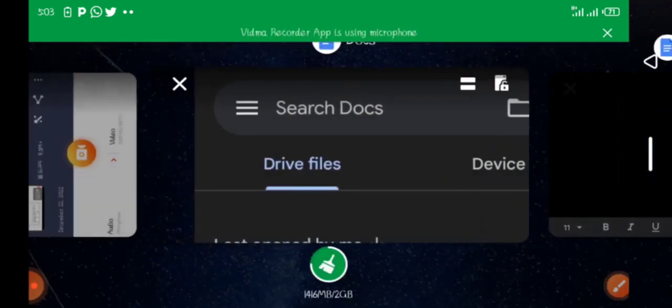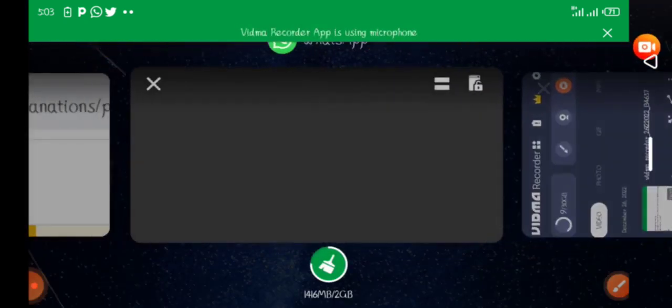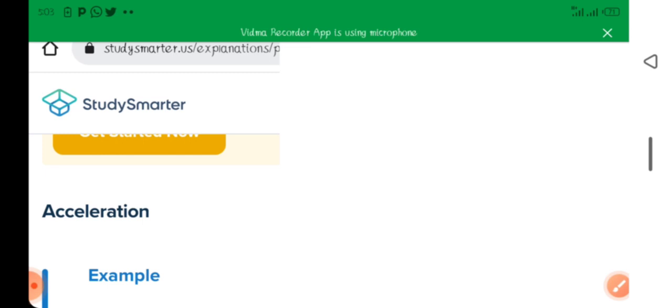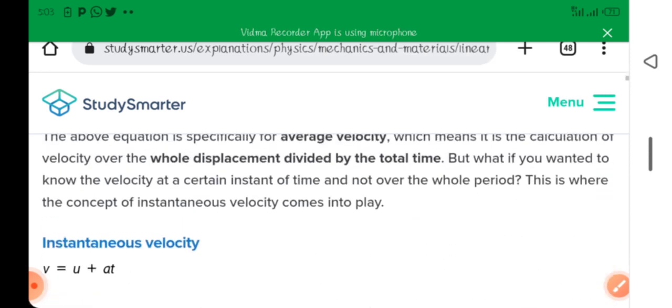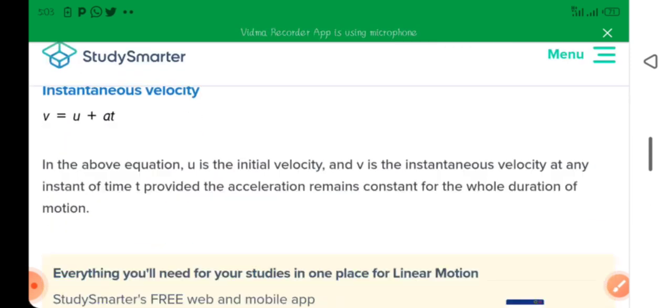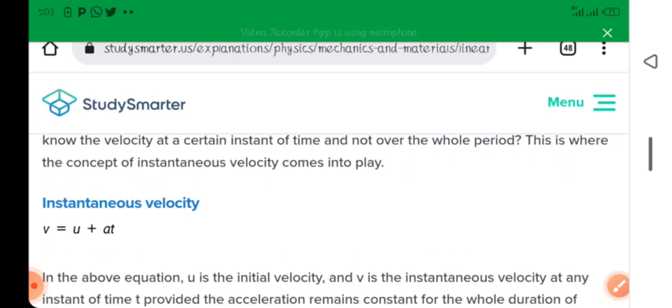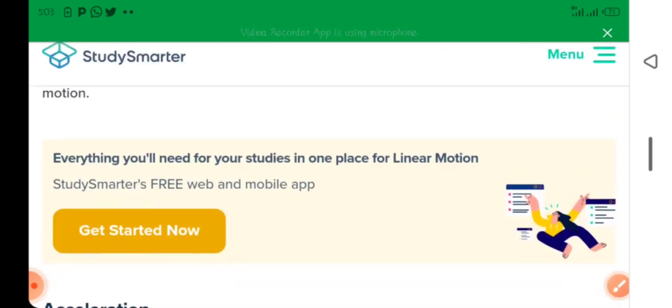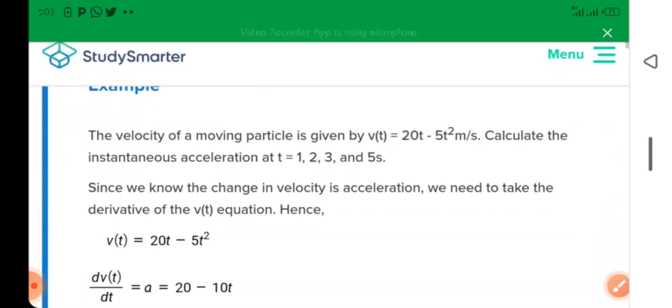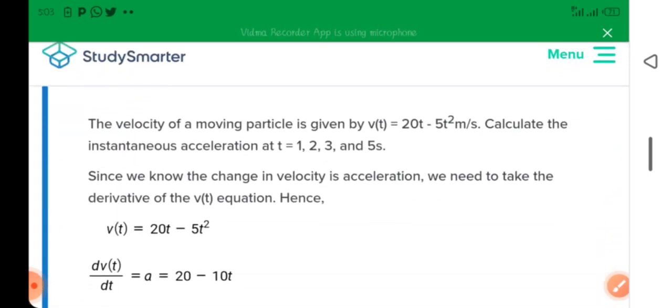Okay. Let me see. Okay, let's start with this now. Instantaneous velocity, as I said before. I'm looking for questions. The question says the velocity of a moving particle.